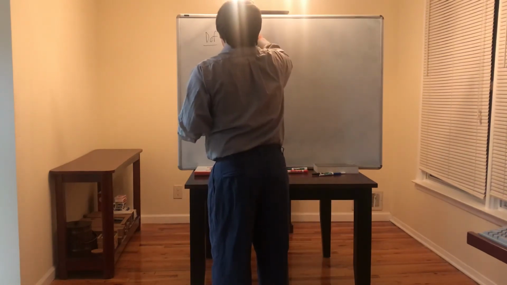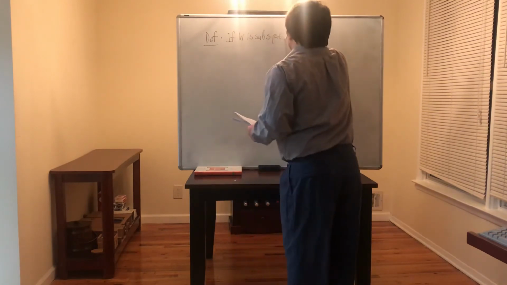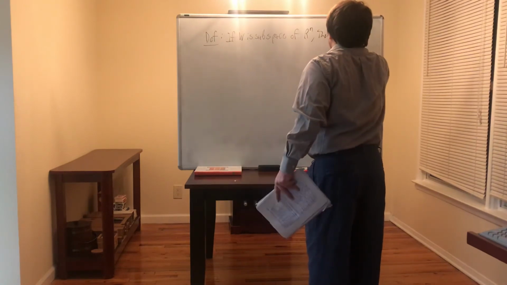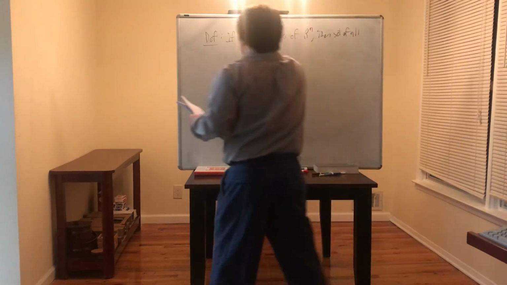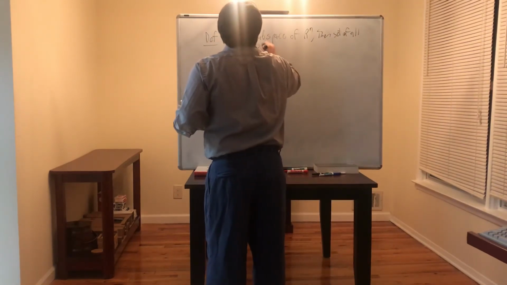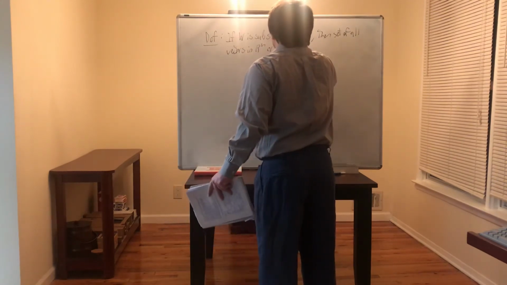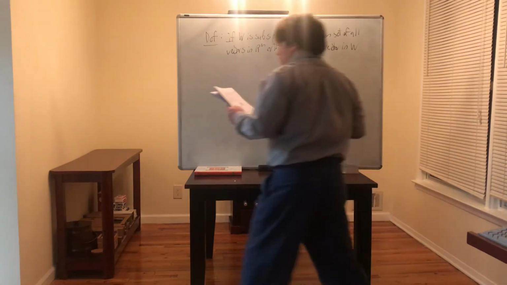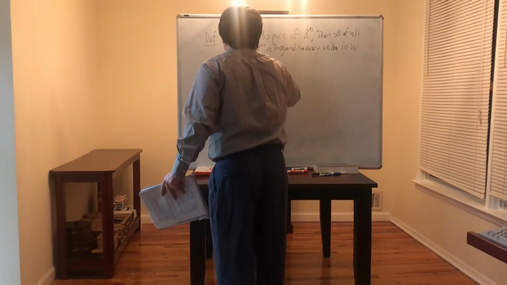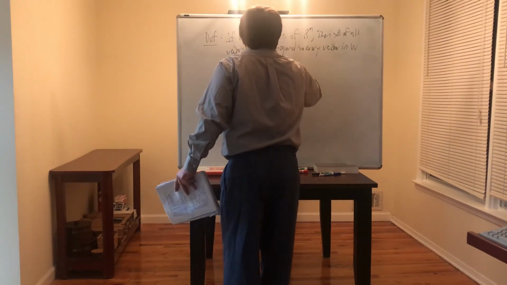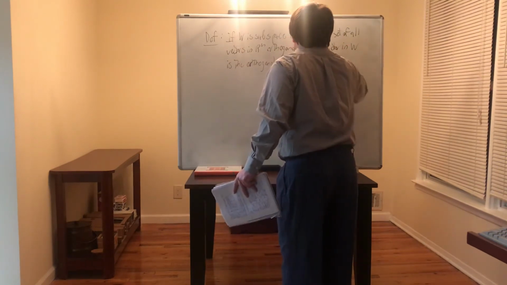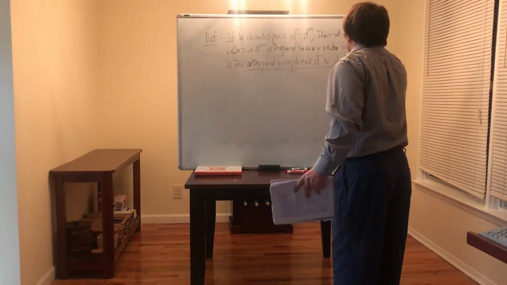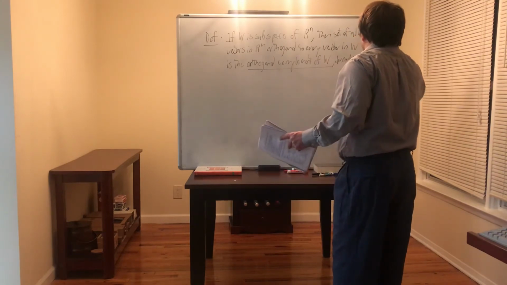If W is a subspace of Rn, then the set of all vectors in Rn orthogonal to every vector in W is the orthogonal complement to W, and it's denoted by W with a perpendicular sign as a superscript.